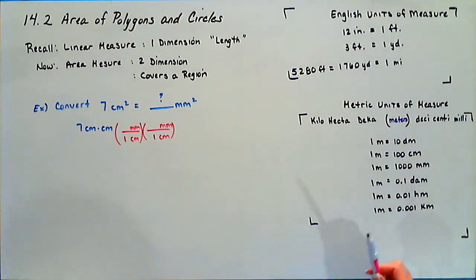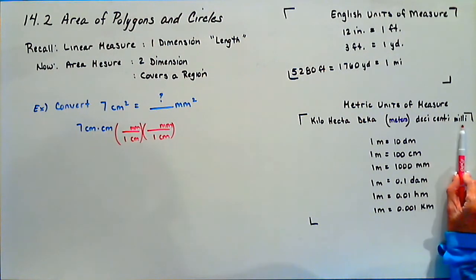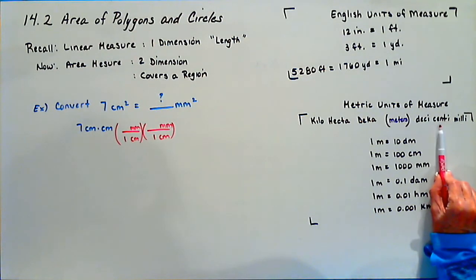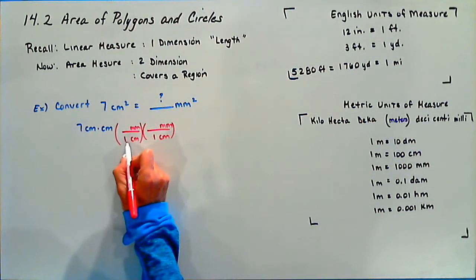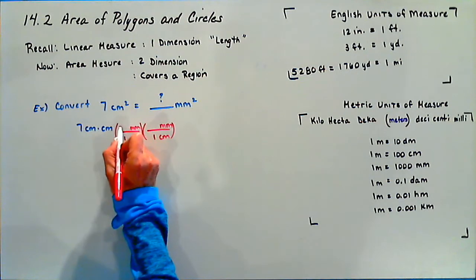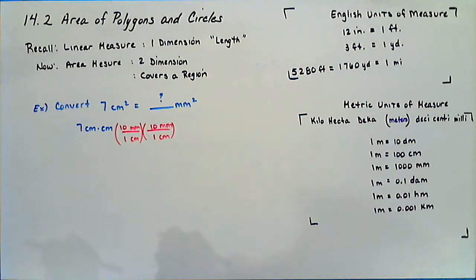So in this case, 1 centimeter, I'm going from centi to milli. So I'm only going from centimeter to millimeter, 1 to the right. So if I take my decimal and I move 1 to the right, that would be 10 millimeters in every 1 centimeter.